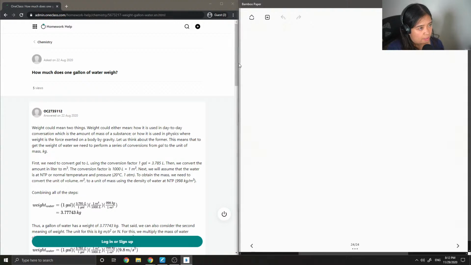So question 11 asks, how much does 1 gallon of water weigh? Okay, so first let's recall that 1 gallon is equal to 3.785 liters. And 1 liter is equal to 1,000 milliliters.